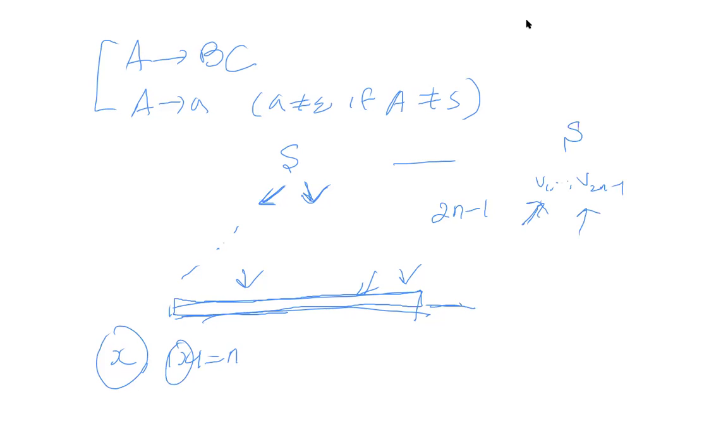So once you have a derivation tree, I just need 2n minus 1 steps to determine whether a given x can be derived from it.